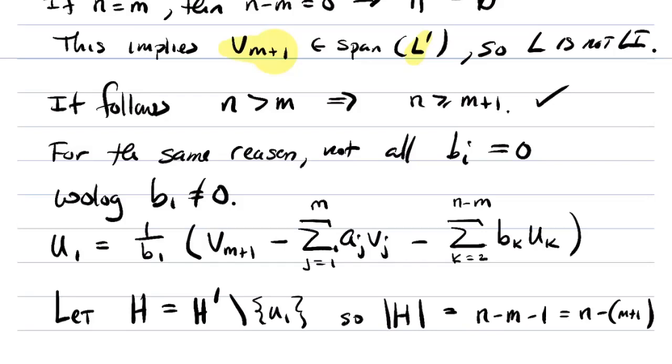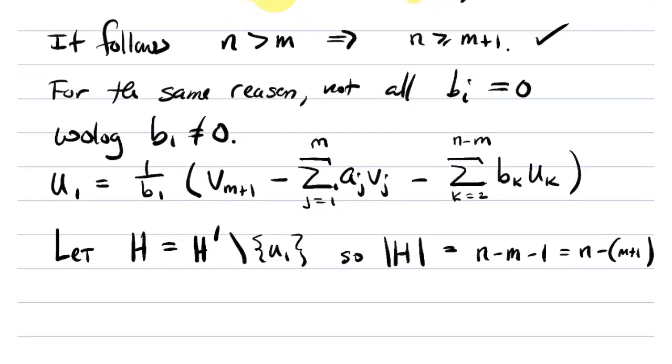It's got the right number of elements for our induction hypothesis that we're trying to meet to show that this thing is in the set. Okay, so what are we going to notice from this equality? The fact that U1 can be written in that form. What do we know about that U1?